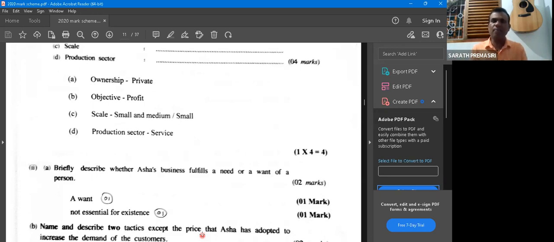Various strategies can be practiced by business people. Our question is: name and describe 2 tactics, except the price, that Asha has adopted to increase the demand of customers.